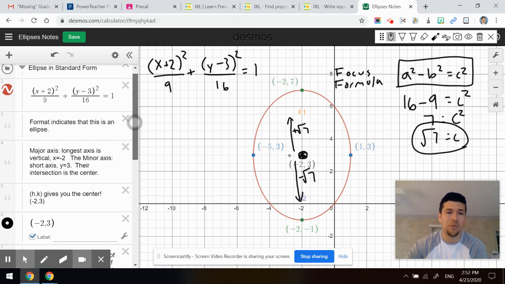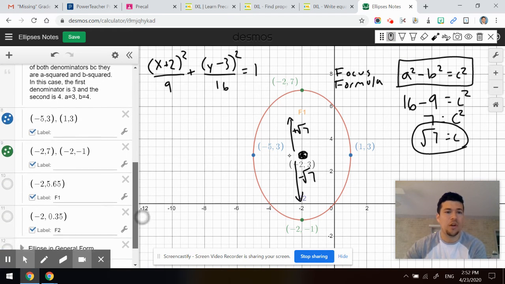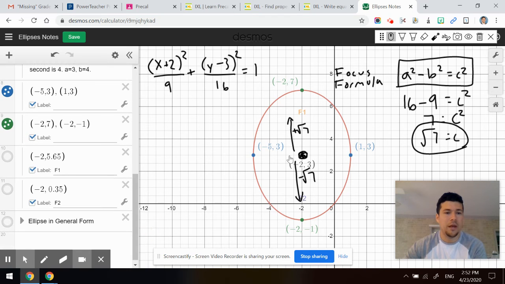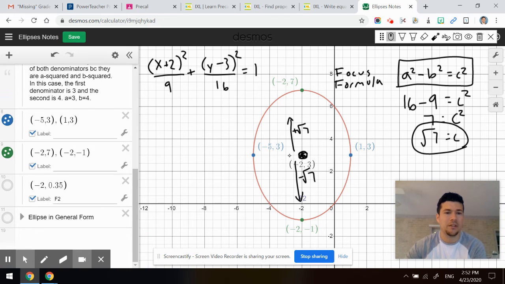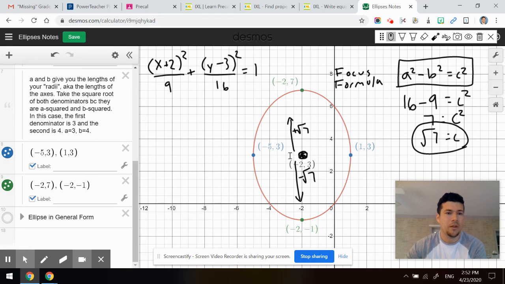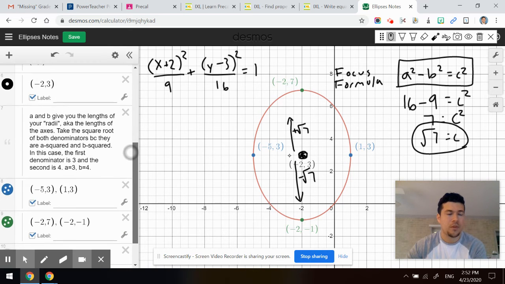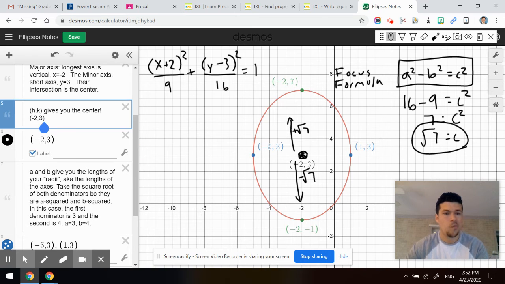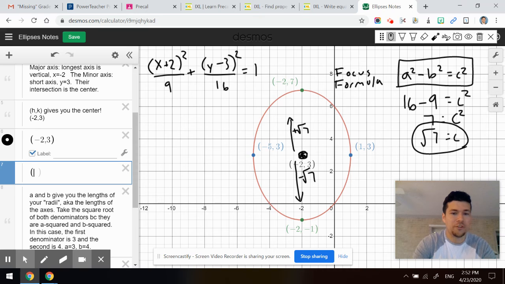Let's see what that looks like with coordinates. All right, so we are, again, going to add, and I know I used decimals right here, but let me take these away. All right, so I am going to travel from -2, 3. All right, and let's get started. So my first foci will be at, again, my x is not going to change because it's on the vertical major axis.